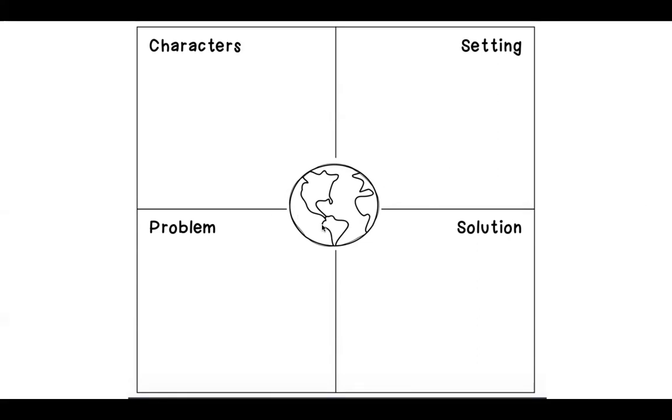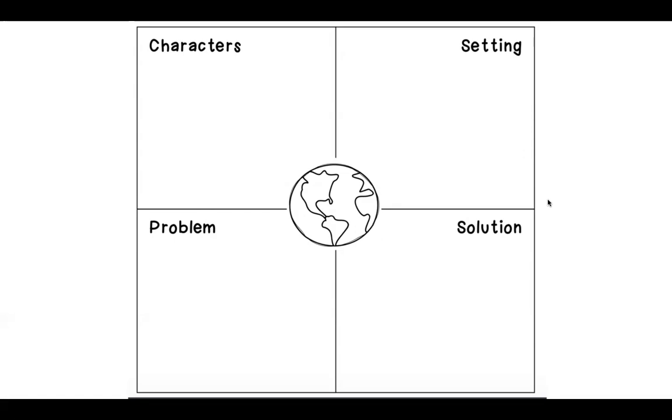You don't need to draw the earth that you see in the middle. Just make sure you have 4 boxes on your notebook page. And then in each of the boxes, write exactly the words that you see on your screen. So in the upper left, characters, setting, problem, solution. Please pause the video at this time to complete this first task.